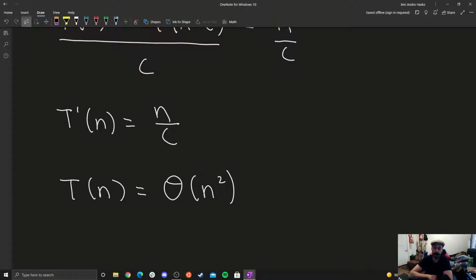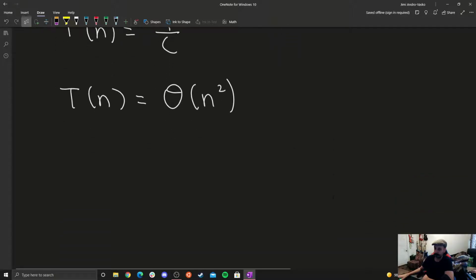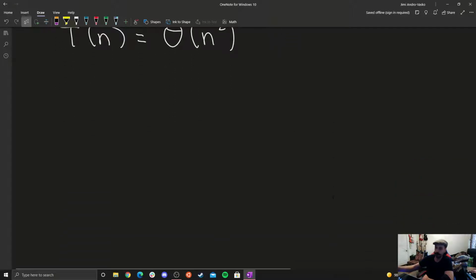However, there's actually a way we can guarantee that quicksort will in fact run in n log n time. So let's think about how we make this run in n log n time.